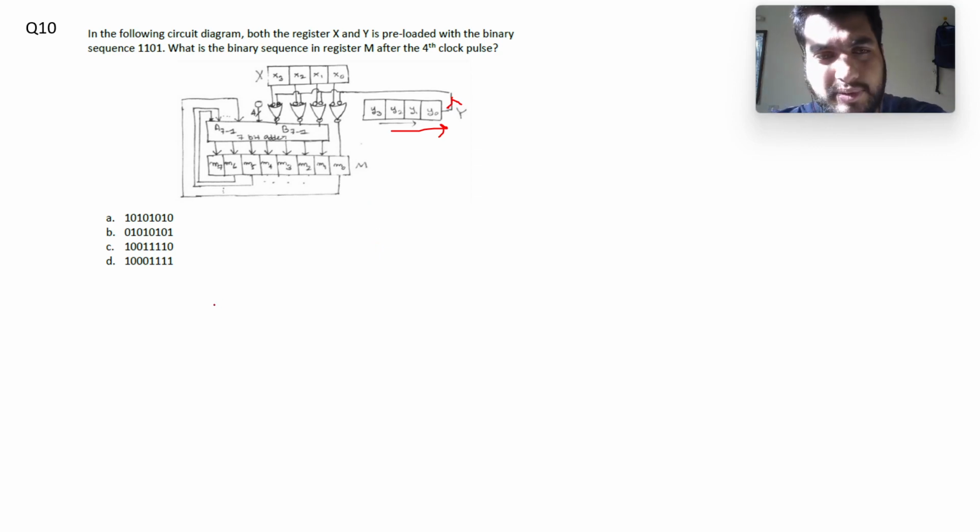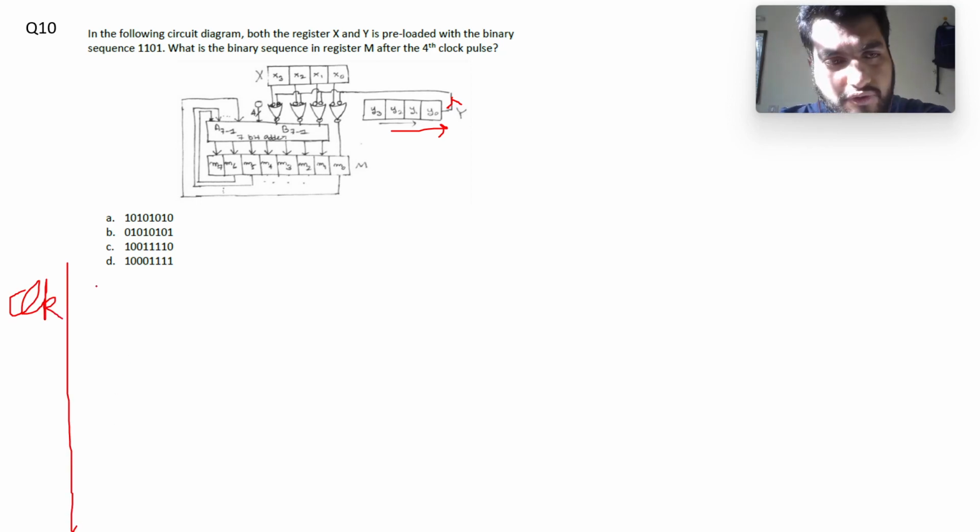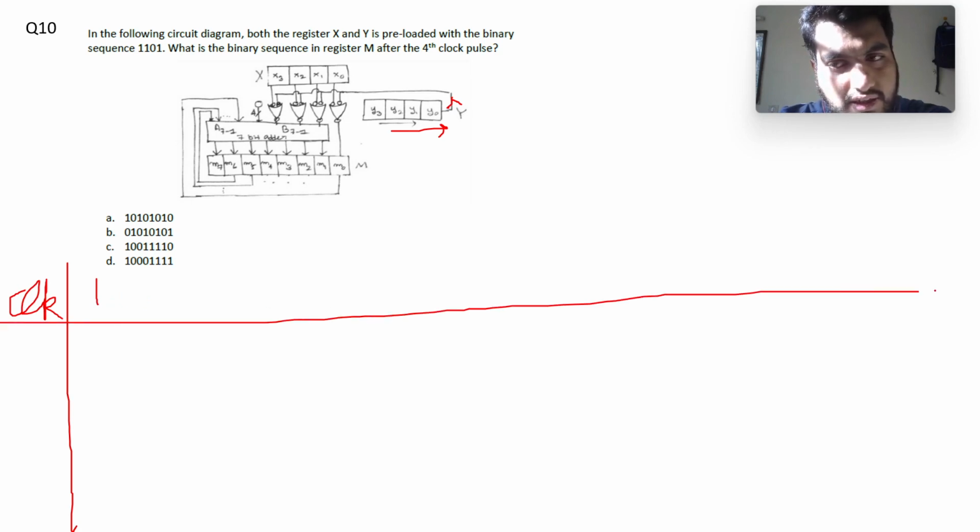So just like in the lectures, I will construct the same table. Here we'll have this clock, right? So we have 4 clock cycles. Here I will have this X, here I will have YI. So Y is 1101.